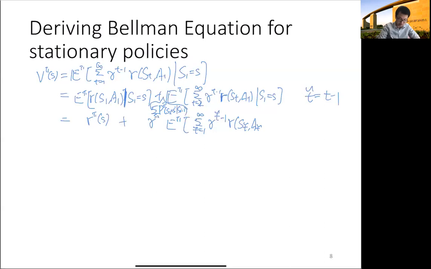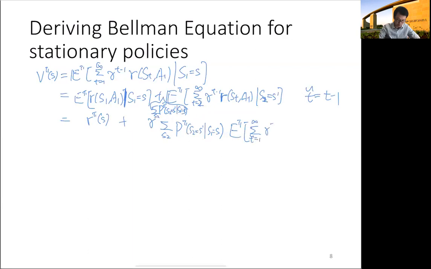Let me rewrite everything: the summation over S2 of P pi of S2 equals S prime given S1 equals S, and then the conditional expectation of the sum over t tilde from 1 to infinity of gamma to the t tilde minus 1 times R of s_t tilde and a_t tilde.